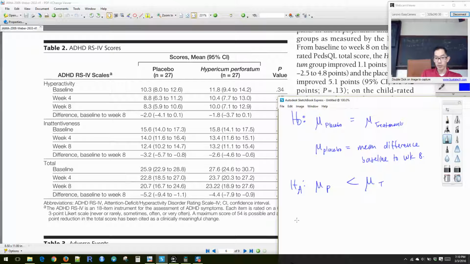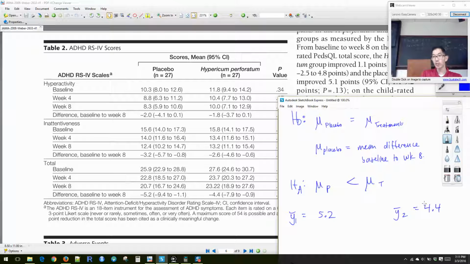What do we notice? When we look at our data, our y bar 1 is negative 5.2. Or, I'm sorry, I'm just going to turn it into 5.2. And our y bar 2 is 4.4.